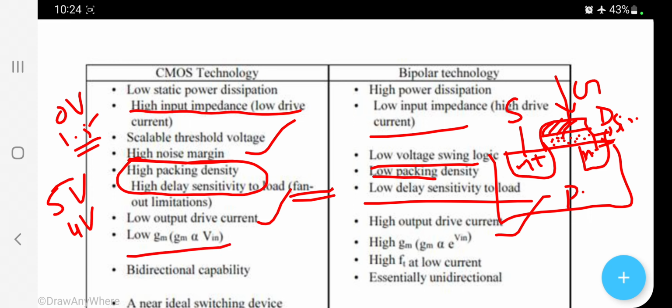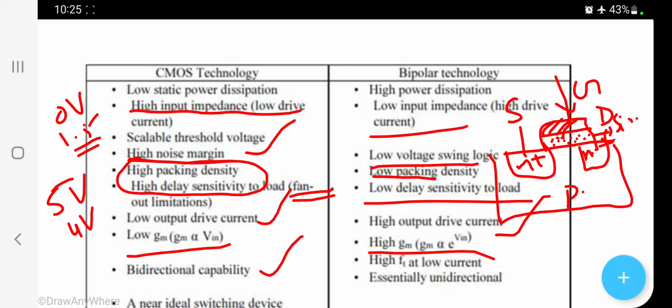Gm, the transconductance, is small and directly proportional to the input voltage, so the gain given by the MOS transistor is less when compared to the bipolar transistor, where transconductance is proportional to the exponential of the input voltage. Bidirectional capability: source and drain can be interchangeable in the case of a MOS transistor.